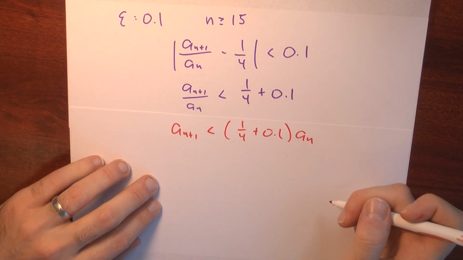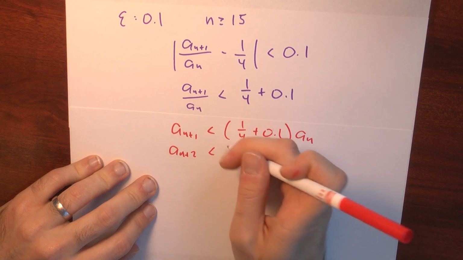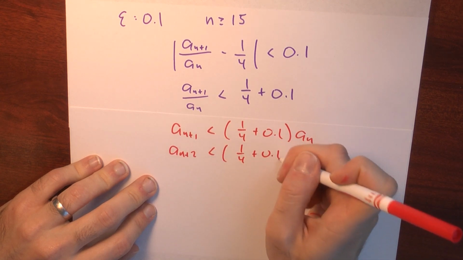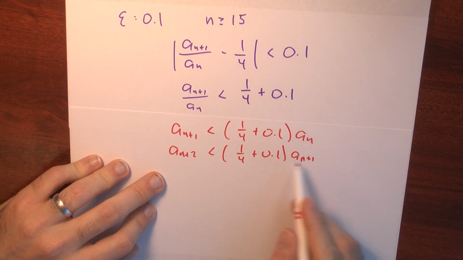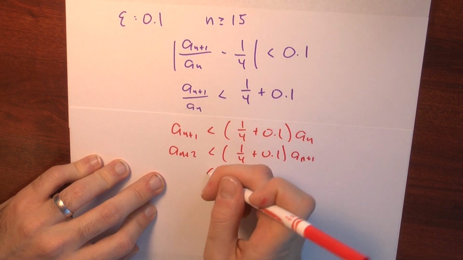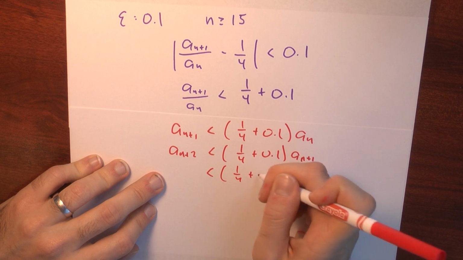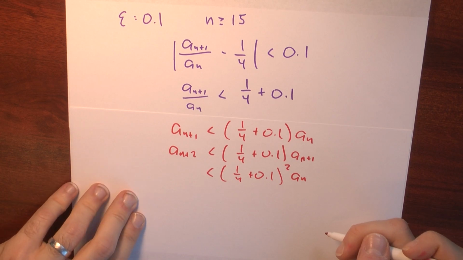times a sub n. Well, this also means that a sub n plus 2 is less than a quarter plus 0.1 times a sub n plus 1. But a sub n plus 1 is less than a quarter plus 0.1 of a sub n. So a sub n plus 2 is less than a quarter plus 0.1 squared times a sub n.